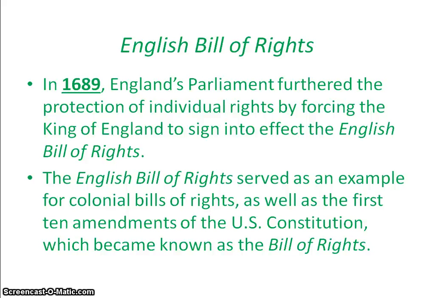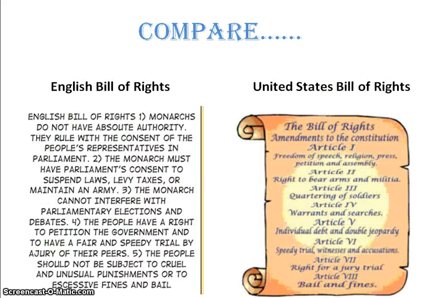Now, the English Bill of Rights is going to serve as an example for colonial bills of rights, and as an example of the first 10 amendments of the U.S. Constitution, which becomes known as the Bill of Rights for us in the United States. You'll notice some similarities between the English Bill of Rights and the U.S. Bill of Rights, which shouldn't come as too much of a surprise because your colonists are, in fact, from England.